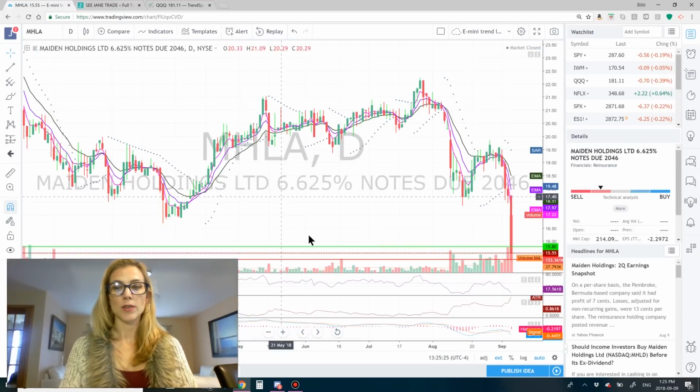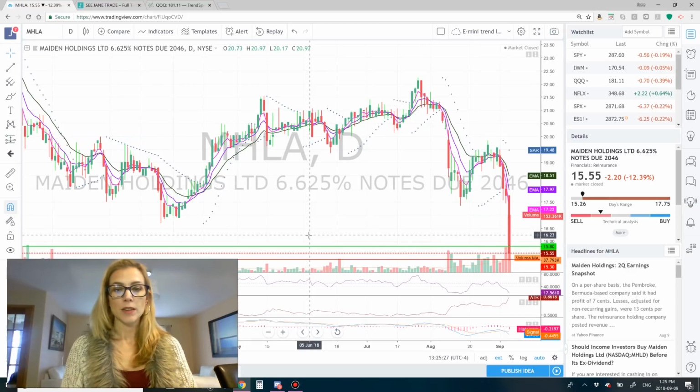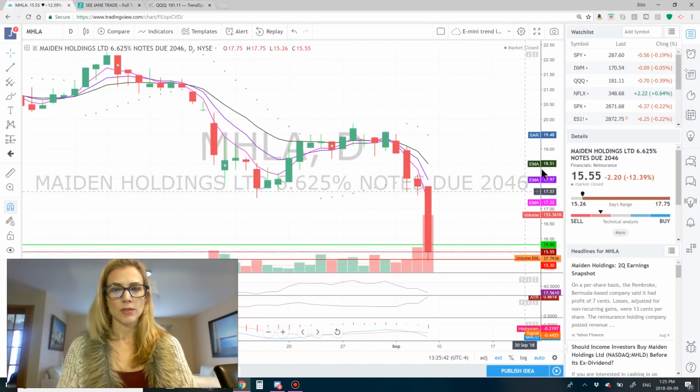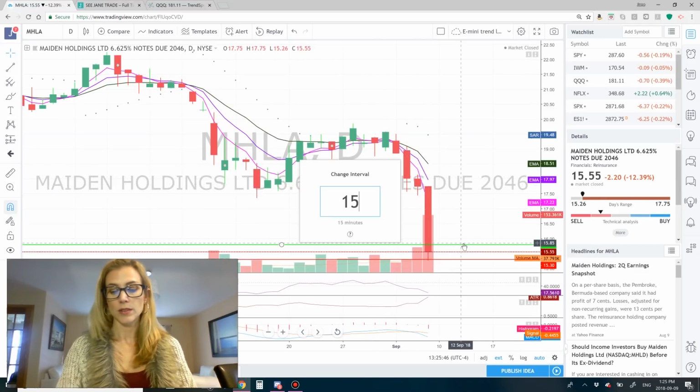MHLA, which are Maiden Holdings notes. All of the Maiden Holdings have basically dropped down on Friday. This one has 4.4 million in the float, so that's why it had such a big drop on Friday. It says 2.2, that's 12%. That's a pretty big drop for this holding.